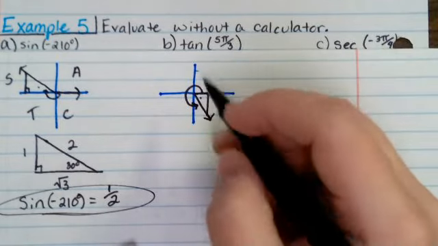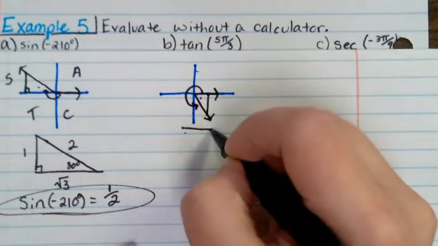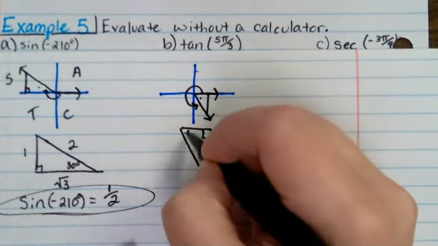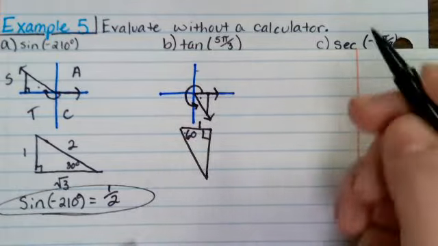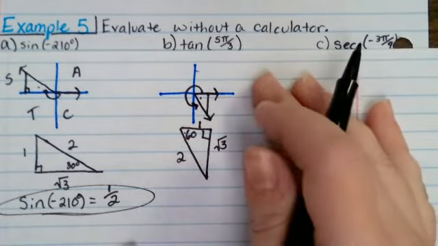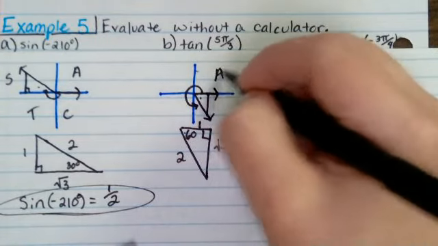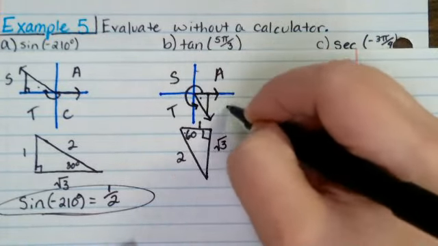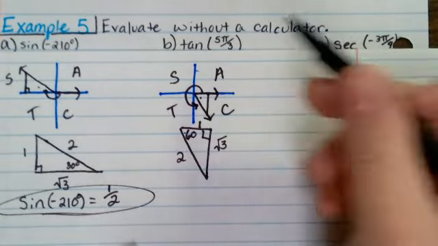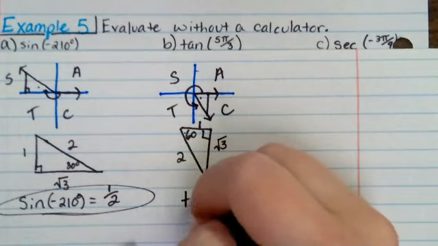So for my triangle, if I redraw it, I'll try to draw it a little bit larger so we can reference it. We got 60, so I've got 1, square root 3, 2. That's our relationship. Okay, also remember, all students take calculus. In this quadrant, only cosine is positive, meaning that my answer for tangent is going to be negative.